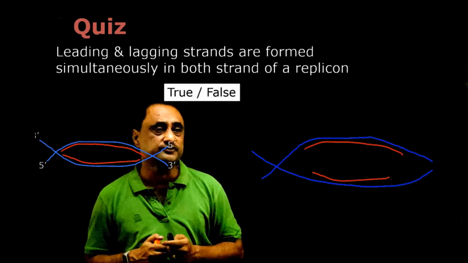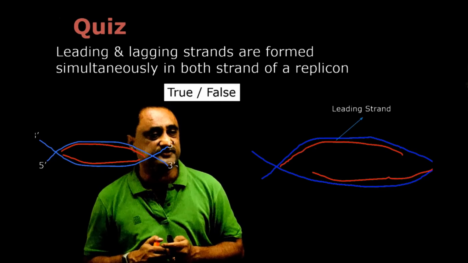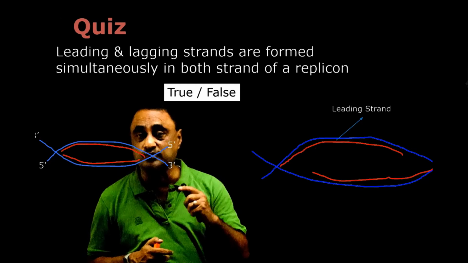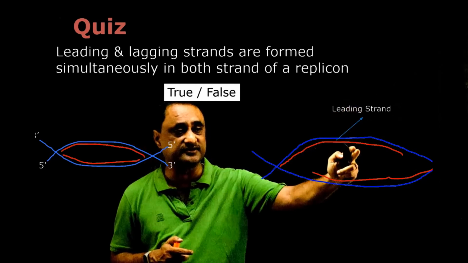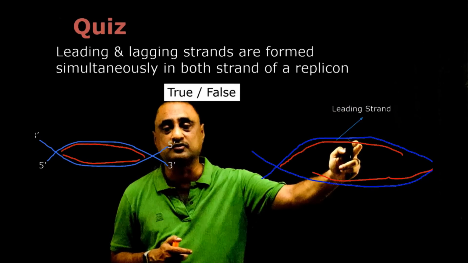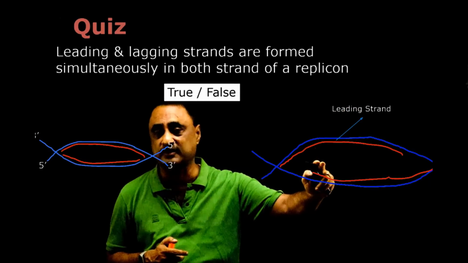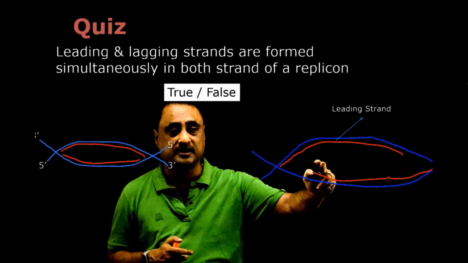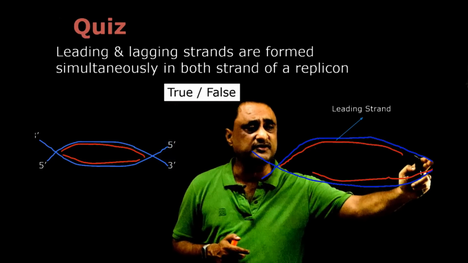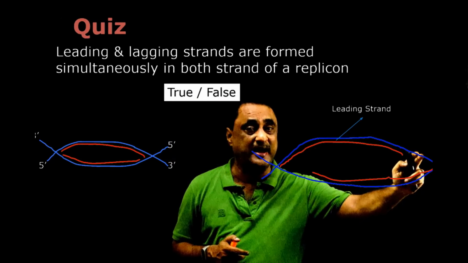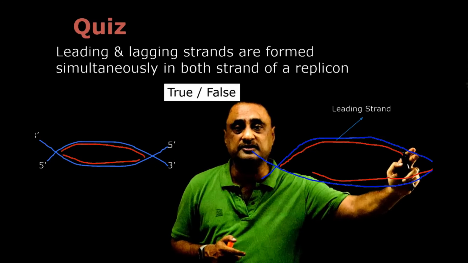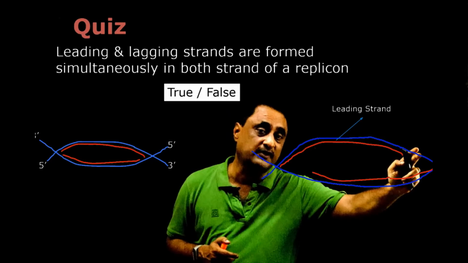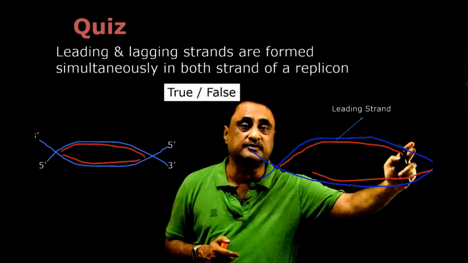Now, as far as the polarity, one strand is going to act as a leading strand. You can see there, here it is a leading strand. Why? Because synthesis is going 5' to 3', so it is going to grow like that. But what about the backward direction? DNA polymerase cannot go backward. So here the synthesis again occurs with synthesis of an RNA primer, and again DNA is going to be synthesized.